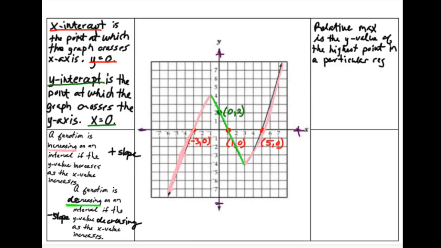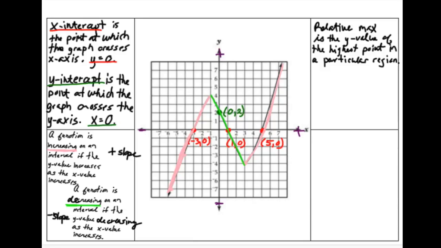So again, I don't know if you've noticed, the increasing and decreasing concepts talk about intervals within a certain interval. Again, the relative maximum and the relative minimum will talk about the highest point or the lowest point in a particular region of the graph.